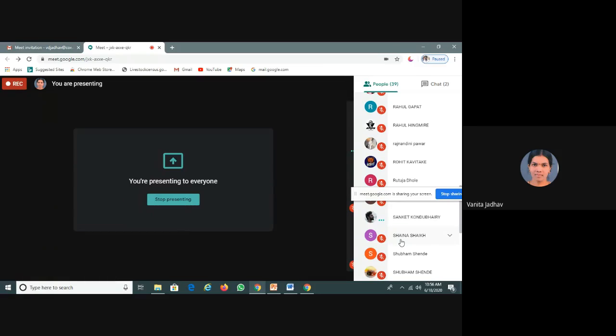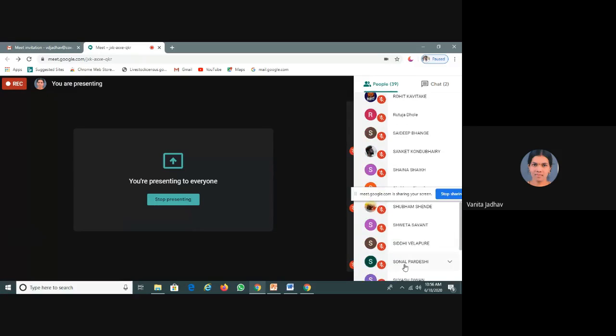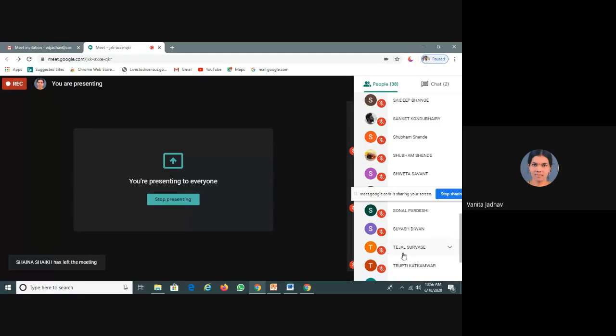Can anybody tell me the basic difference between RGB and CMYK? Tejal Surose? Can you tell me the basic difference between these two models? Ma'am, in RGB we use three colors, and when we add two colors, we get the third one.